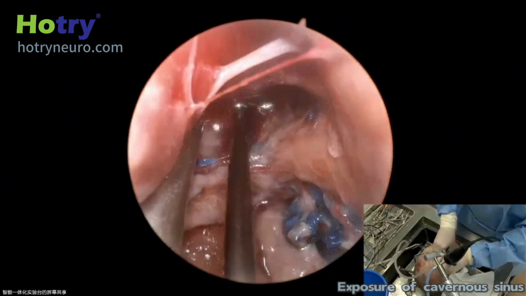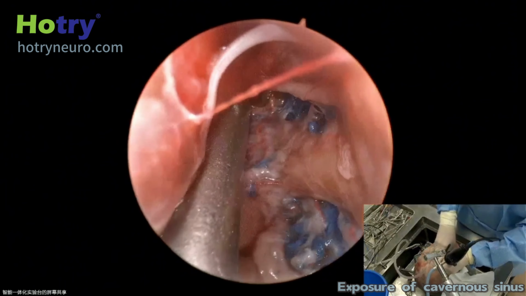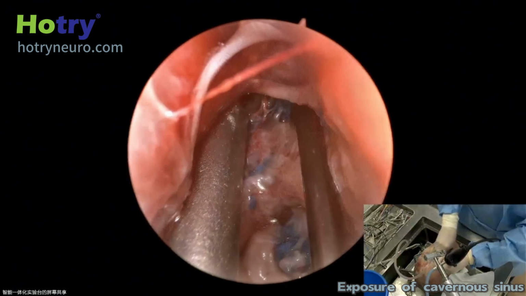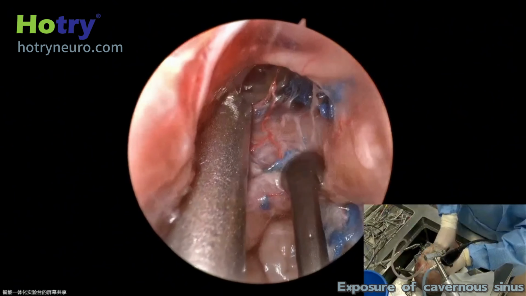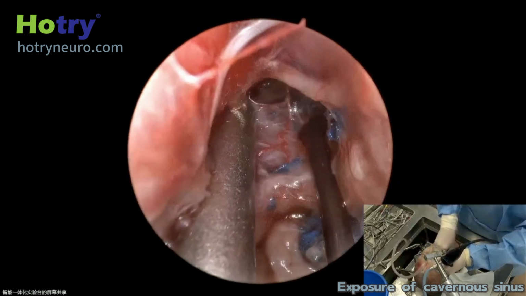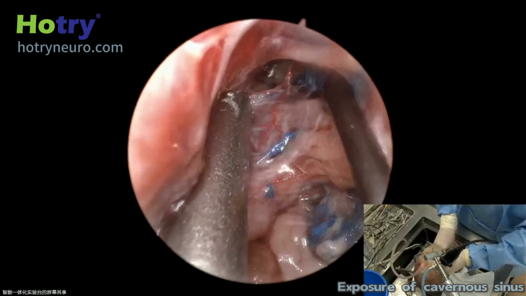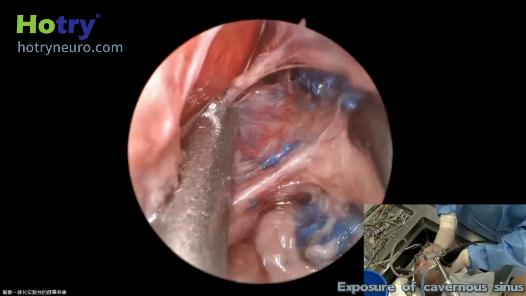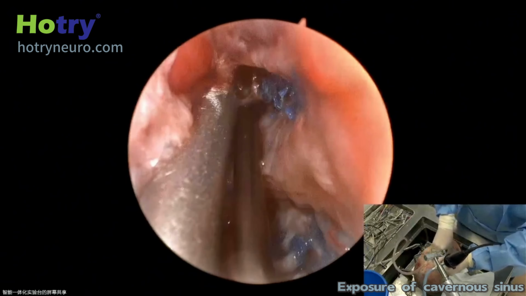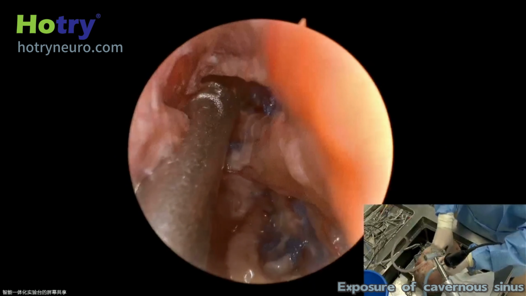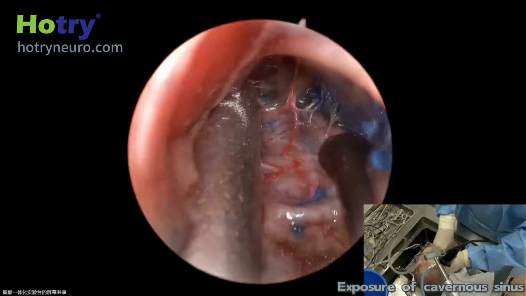If there's a lesion in the cavernous sinus, for example a schwannoma, this corridor would be enlarged. You see, this is the upper limit of V1. I'm now within the cavernous sinus. Go in more.